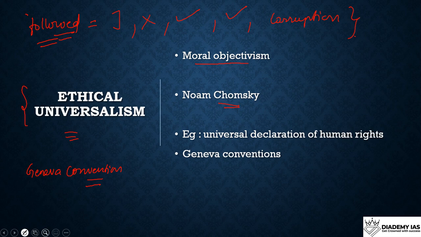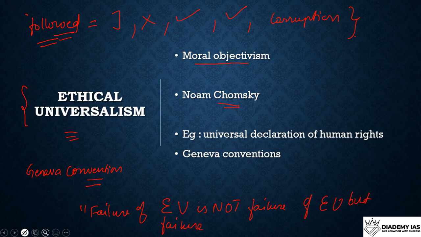Basically, society is advancing and the world is becoming a global village. So we need to have some values that are universal across societies. And one statement here I would like to mention is that failure of ethical universalism is not failure of ethical universalism, but failure of society.